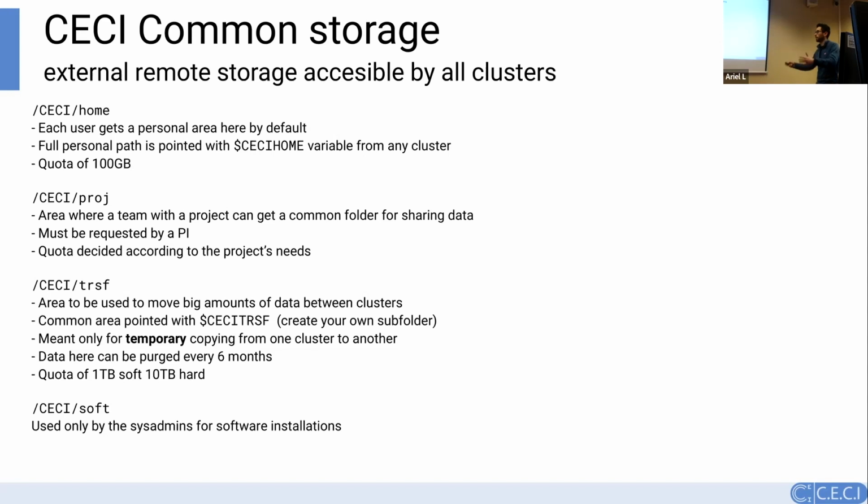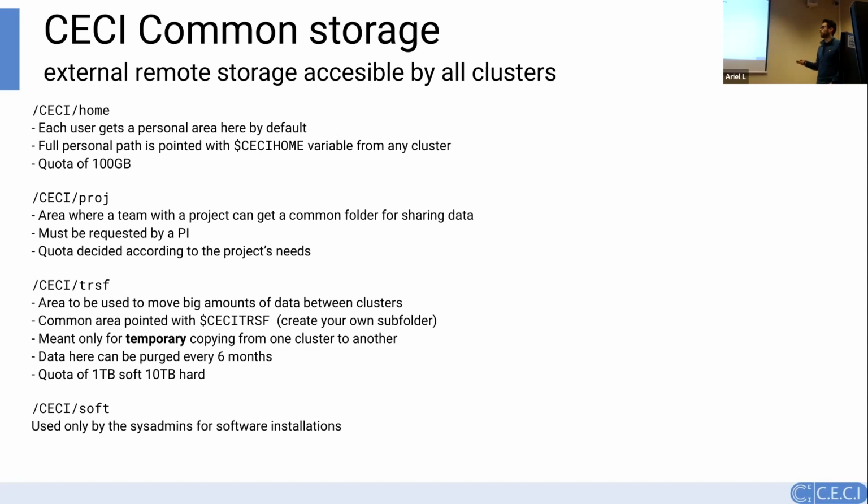You can dump there 5 terabytes, and then when you see the data accessible on the other cluster, you recover it on the other cluster, from the CECI TLSF to the global scratch of the other cluster. That's really the spirit for which this area is created, meant for moving especially big amounts of data from one cluster to another. If it's just a small amount that fits on your CECI home, then you do it via your CECI home.